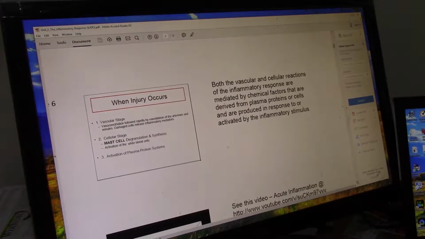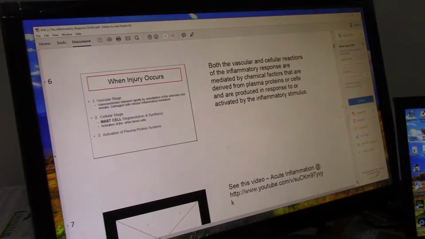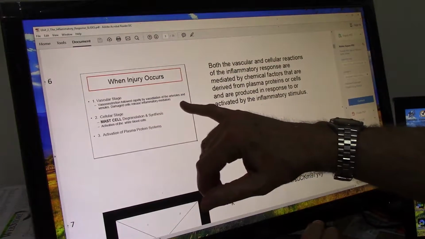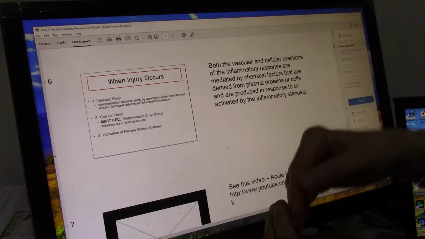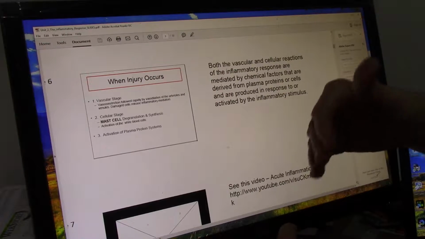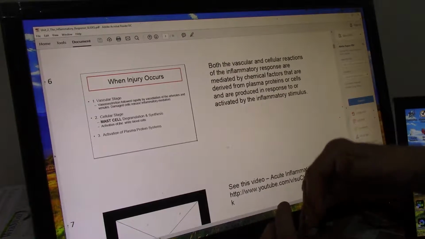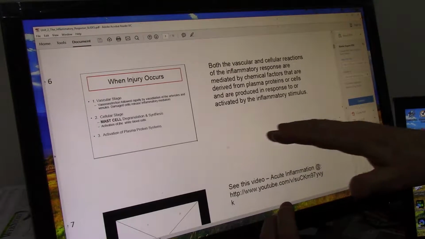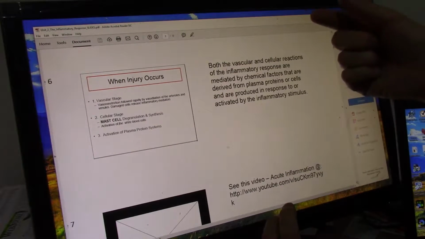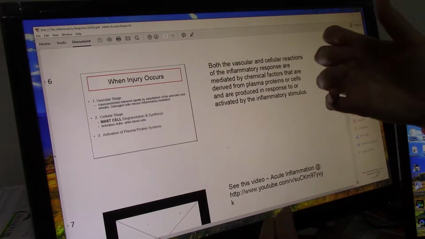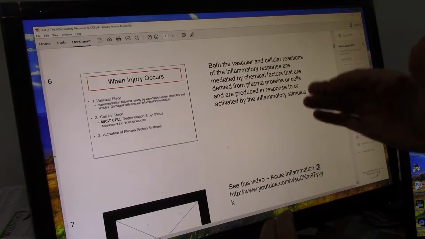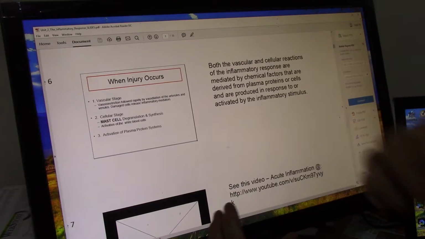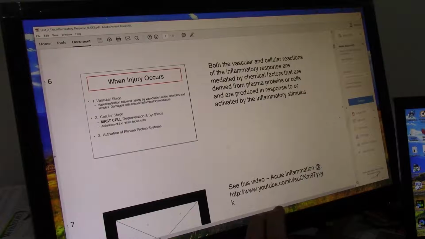Okay, now, when the injury occurs, there's various stages of response. The first is the vascular stage, where you have a damage to a capillary or an artery. And remember that we said that we have basophils that are located in the artery, and also the walls of the endothelium, or the inner lining of the blood vessel contains cells that will release mediators of inflammation.